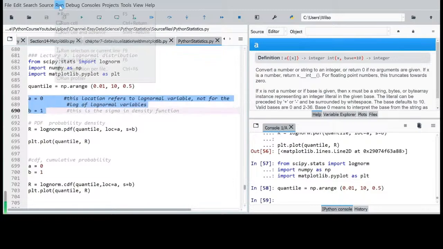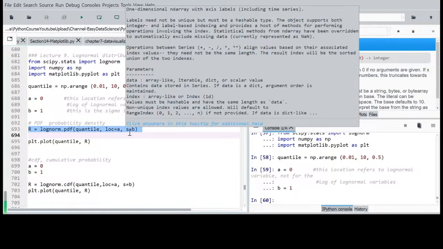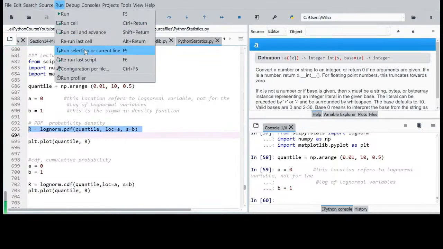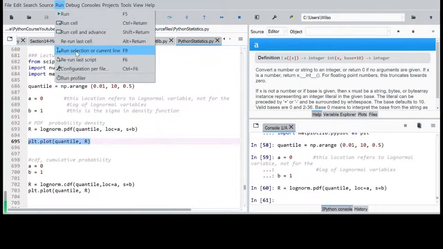We set a is 0, b is 1. So next we use the function called lognorm.pdf to generate the density values of this array of variables from 0 to 10 with this location and shape. Sigma is also called the shape parameter. We plot this density.